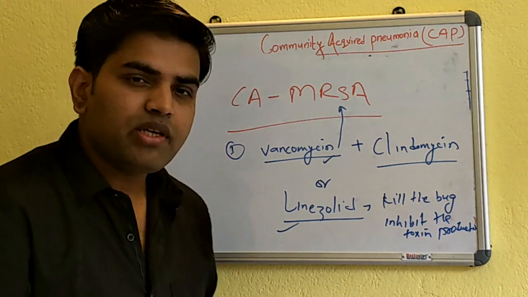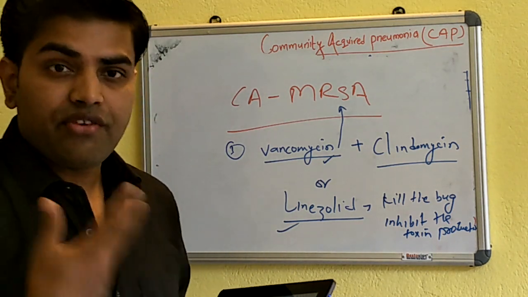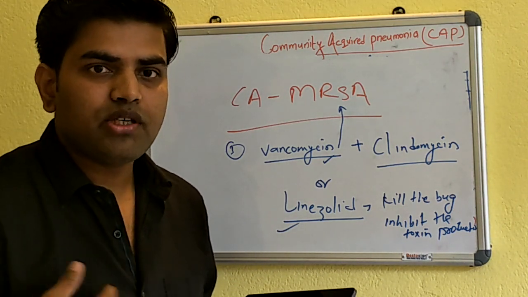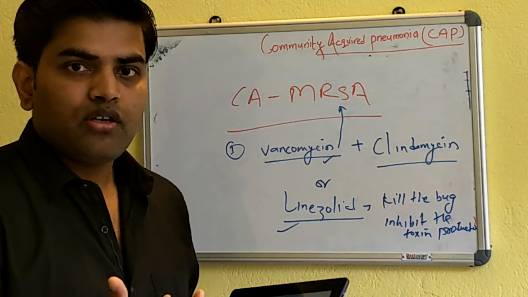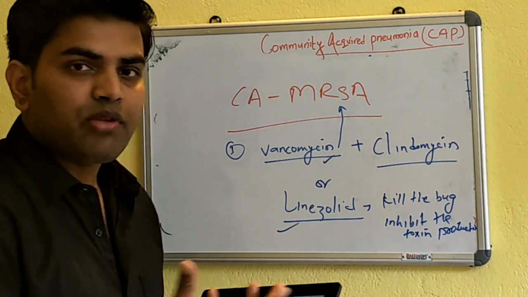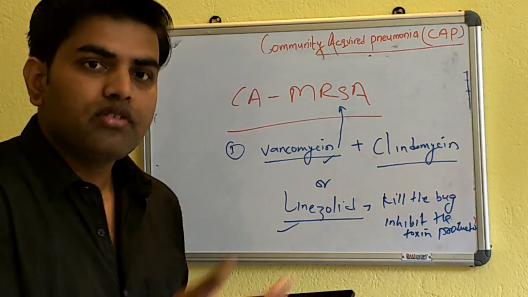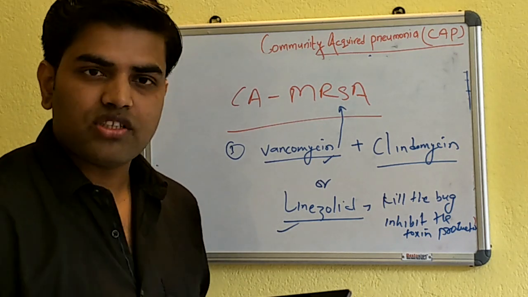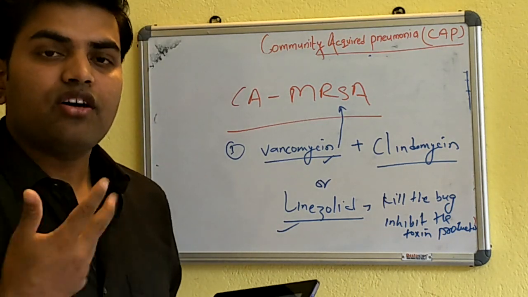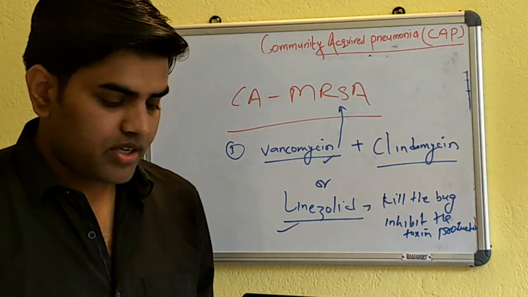Then other supportive measures like oxygen therapy and hydration. You must maintain hydration, because there is a lot of water loss from the respiratory system. So maintain hydration, oxygen, assisted ventilation, and other support if required.